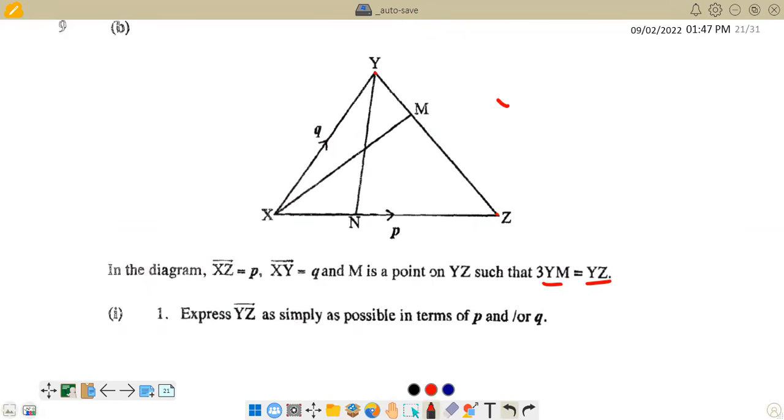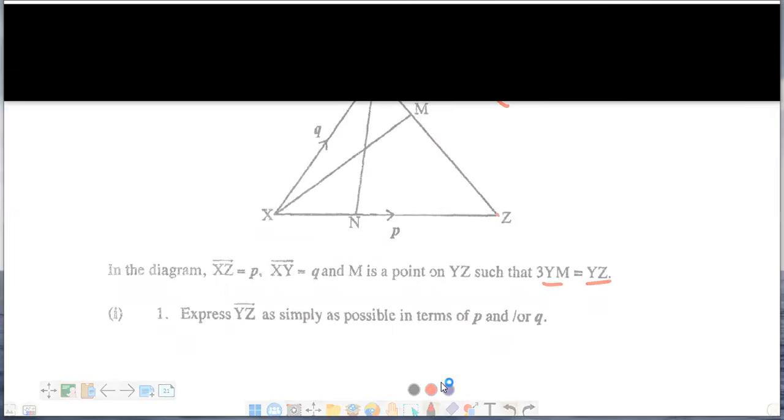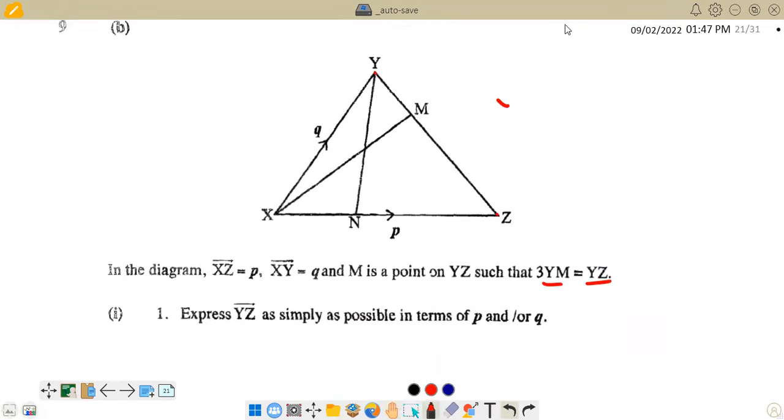So in this case, we need our yz. I'm just going to indicate yz, which is equal to, from y to z, that is yx, from y to x, plus x to z. According to the direction, take note here, from y to z, we are opposing the direction.